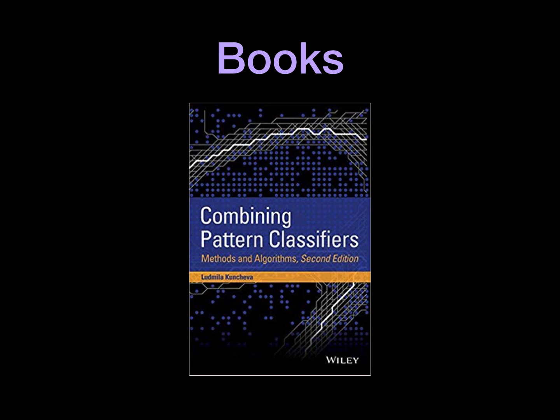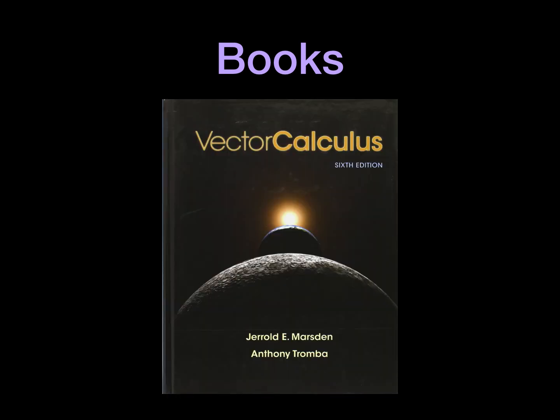Now, as we said, there are many things that are going to be assumed in this course, such as calculus, linear algebra, and probability and random variables. A number of books that you could use to supplement this machine learning pattern recognition class, if you need to review these topics, would be vector calculus.